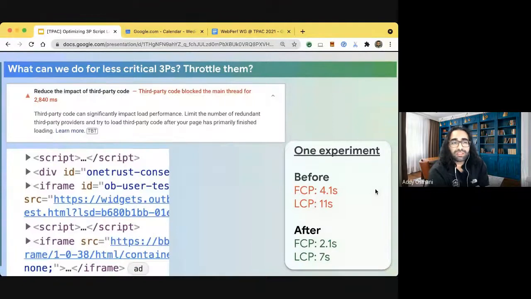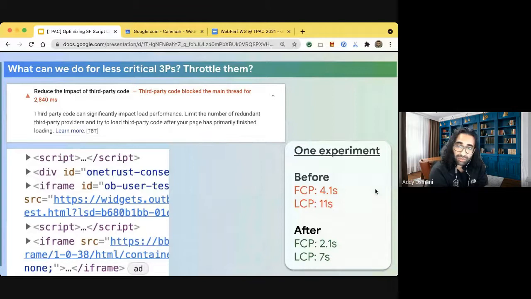Another potential idea we have is being able to identify third parties that are slightly less critical in the page. As a reminder, earlier we mentioned that third parties are responsible for 57% of script execution on the web. They can impact interactivity, but we also know that this is very nuanced. Sometimes you might have scripts for social media sharing, live help, or even A/B testing or personalization.